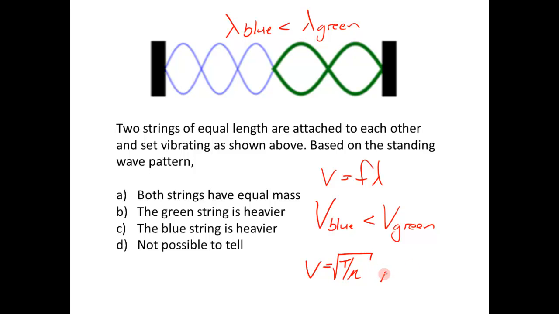So this tells us that the linear mass density of the blue side is higher than the linear mass density of the green side. This is actually kind of counterintuitive based on the picture, but that's because the picture was actually one of the wrong options from the diagnostic for a very similar question to this. So that was that the blue string is heavier.